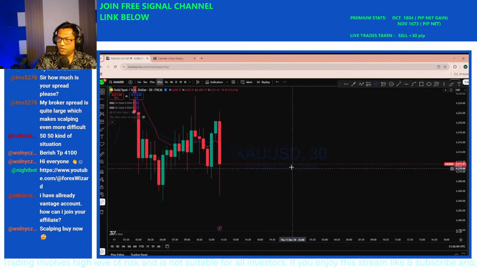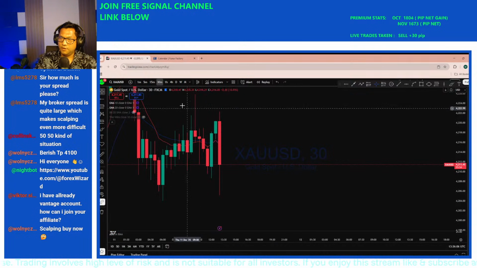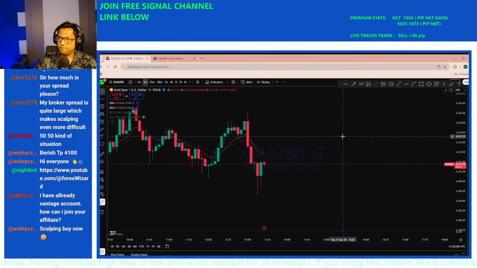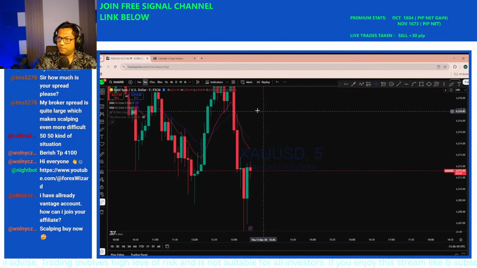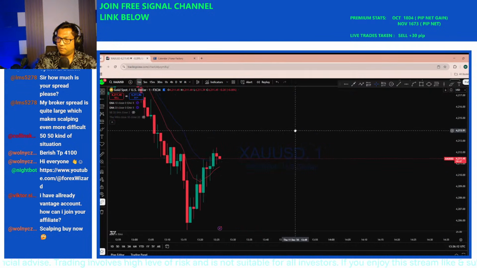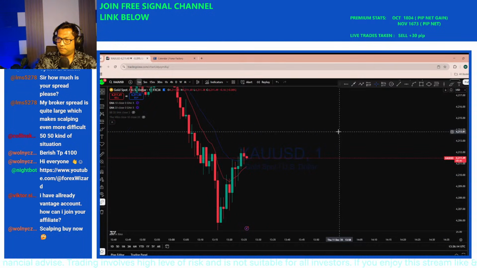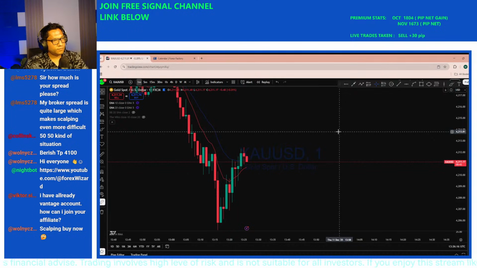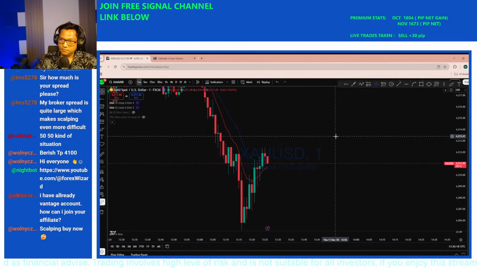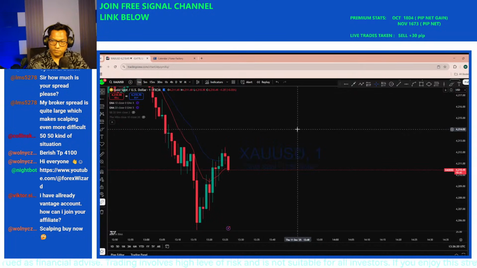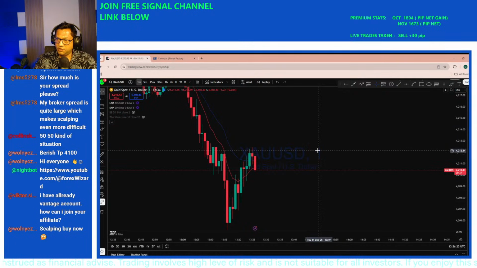With a long wick here, you can see there is a long wick, and prices reach that key level.